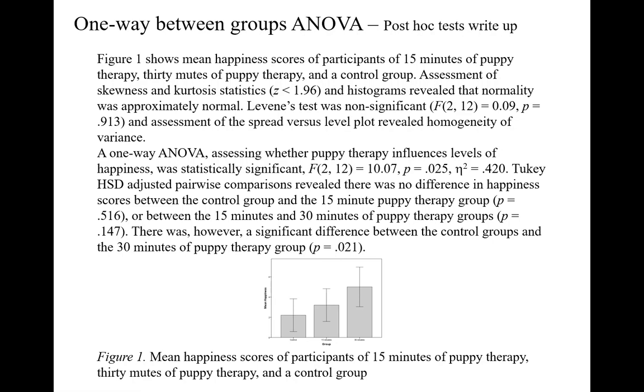So we've talked about the variance and how it's partitioned, how we're doing the comparisons, and then we can talk about the effect size, how much of the variance is being explained by our model, and we follow it up with these post-hoc tests or planned contrasts to figure out where the actual differences are.